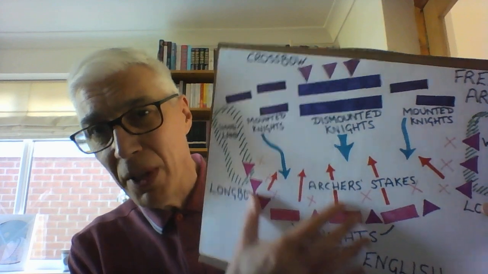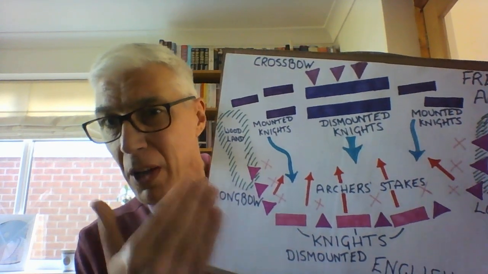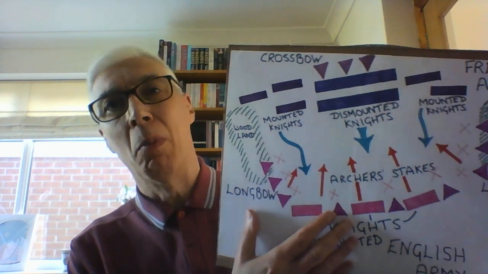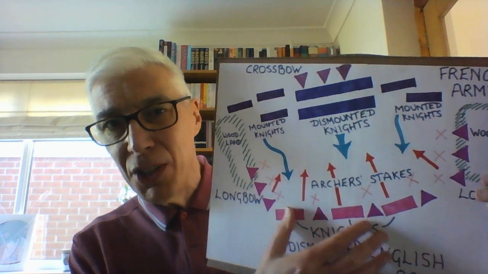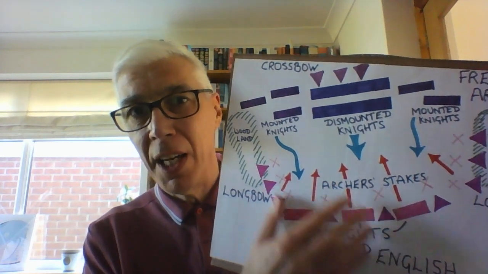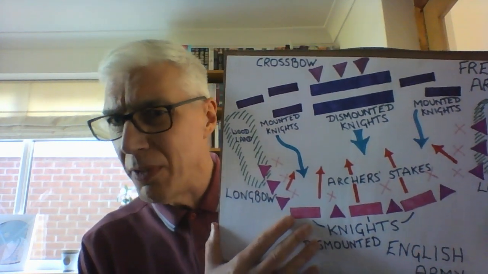The English capture some prisoners, but then the French say, right, well, we can go and get those prisoners back. Henry V normally would follow the rule of chivalry, but his army is small, his army is tired, he knows he cannot hold them back anymore, so he takes the very unusual decision of ordering the slaughter of the prisoners.